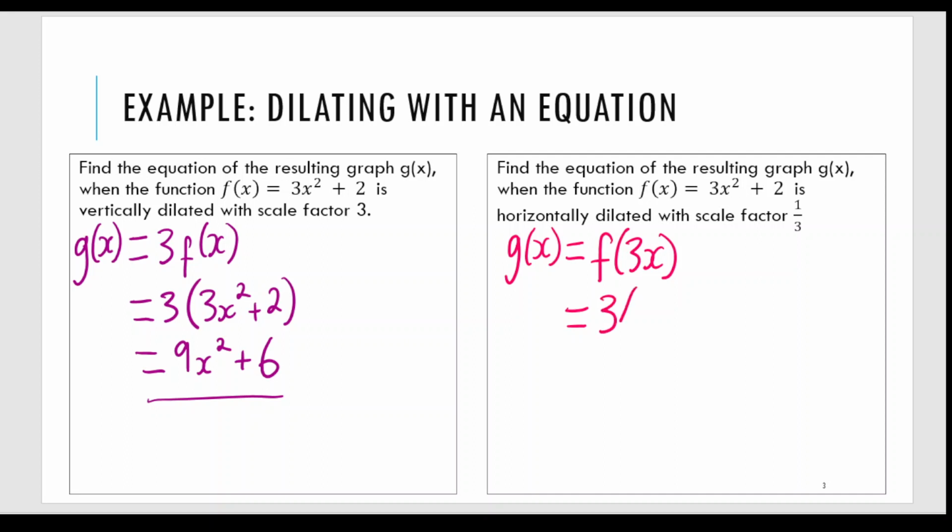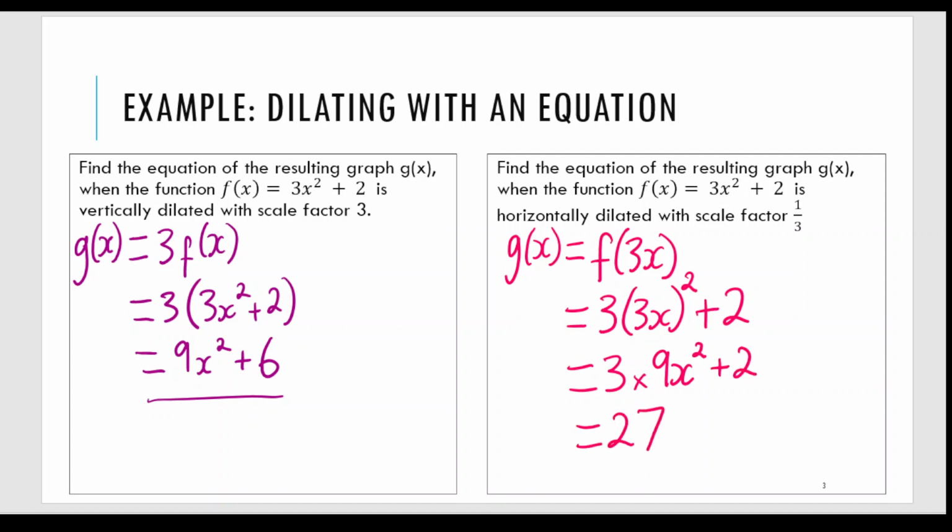Once again, we're just going to look for any x's in the function f and replace them with 3x. So first of all, we've got 3 times (3x) squared plus 2. First thing we need to do is raise whatever's in the brackets to the power of 2. So we've got 3 times 9x squared plus 2, ending up with 27x squared plus 2.